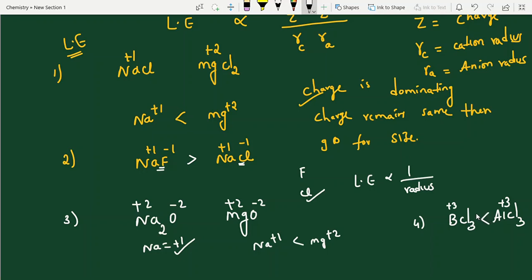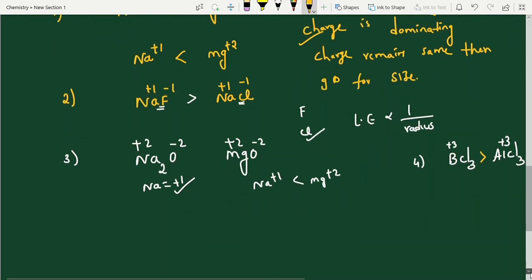No. BCl3, boron is smaller in size. Clear? Boron, aluminium, which is larger in size? Larger size has less lattice energy. This is the correct option. Clear, students? Like that you can work out the lattice energy questions.